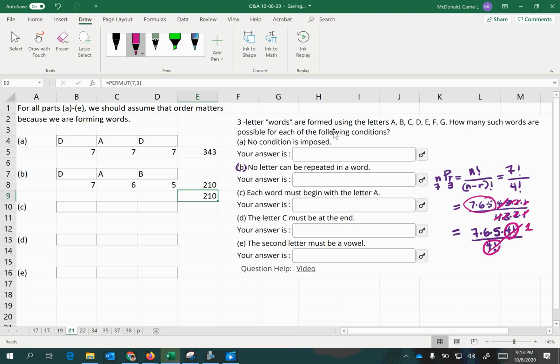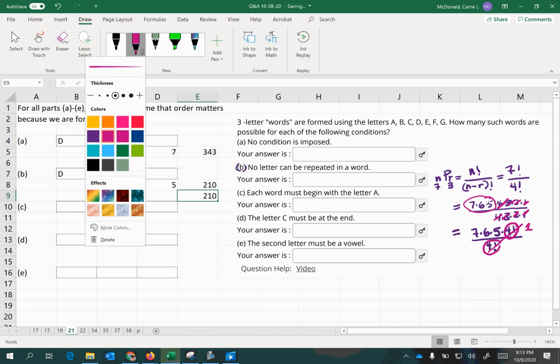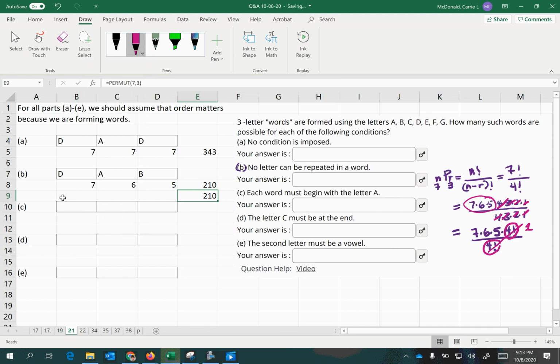The only condition we're adding is that each word must begin with the letter A. That means the first letter is already assigned and you don't have a choice other than the 1. Then you have 2 more spaces where you can pick anything you want, so 7 choices for each. The answer will be 7 squared, or 49.